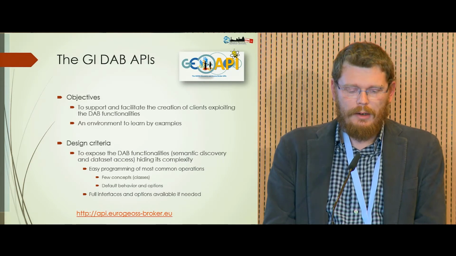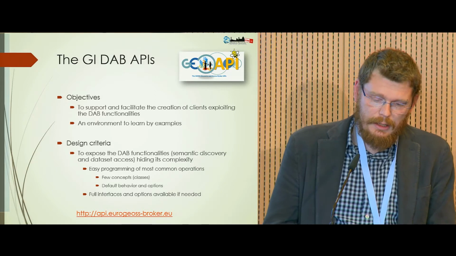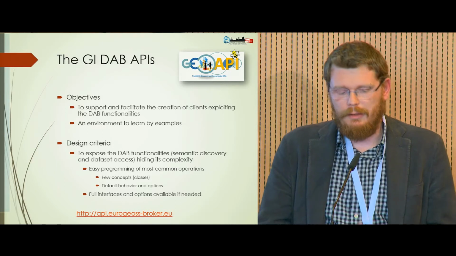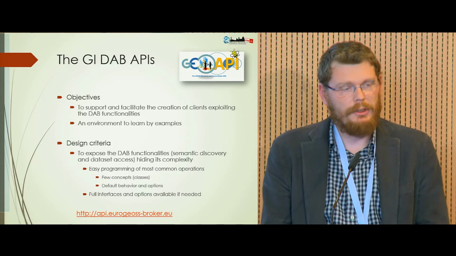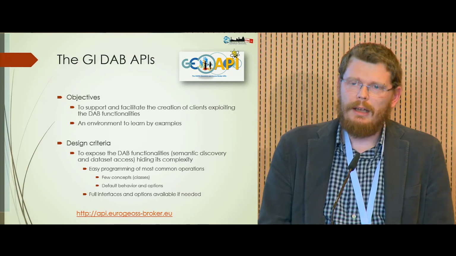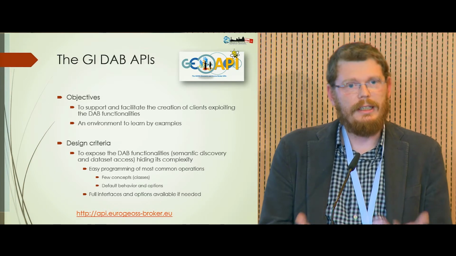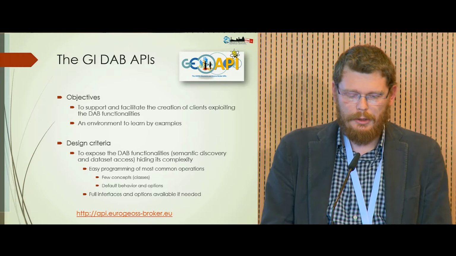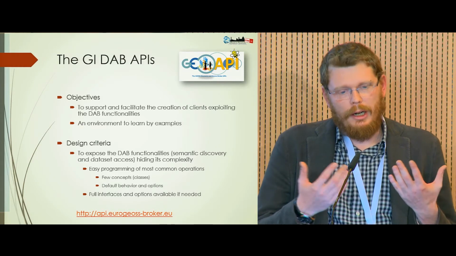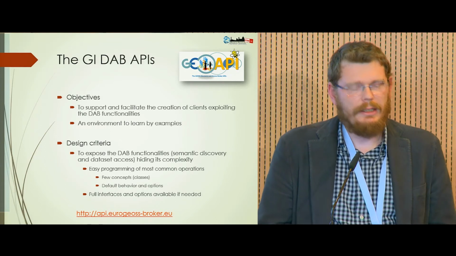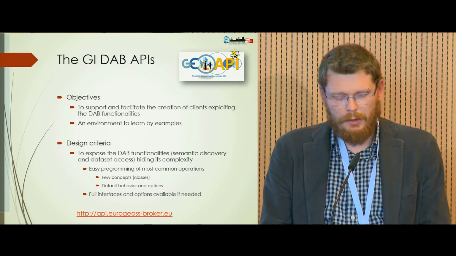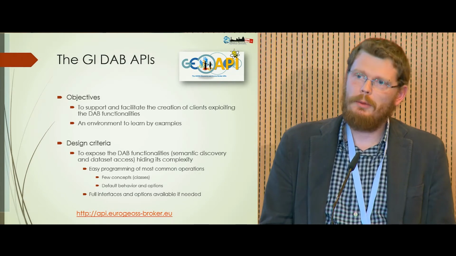So, what are the objectives of providing these APIs? We want, as I said, to support the easy development of web applications interconnecting to the GeoDAB. The criteria that we followed designing these APIs were to expose all of the DAB functionalities, which are discovery, access, and semantic enrichment of the content of the GCI, in an easy way.